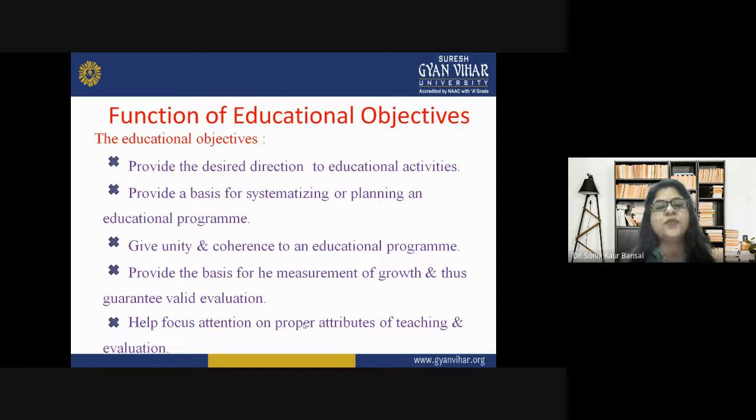Then it also provides a basis for systematizing or planning an educational program, and gives unity or coherence to an educational program as well. This also provides the basis for the measurement of growth and thus guarantees valid evaluation. So, students, it also helps focus attention on proper attributes of teaching and evaluation. So, this is how the functions of educational objectives are discussed.